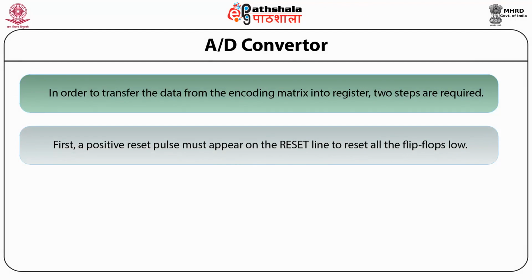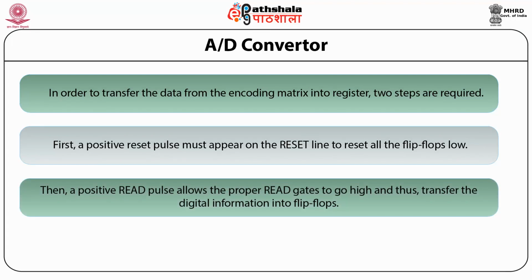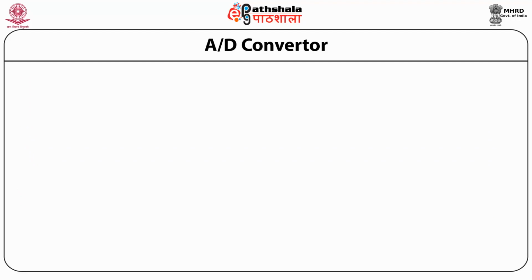First, a positive reset pulse must appear on the reset line to reset all the flip-flops low. Then, a positive read pulse allows the proper read gates to go high and thus transfer the digital information into the flip-flops. Next, we discuss the alternate design of the A to D converter.